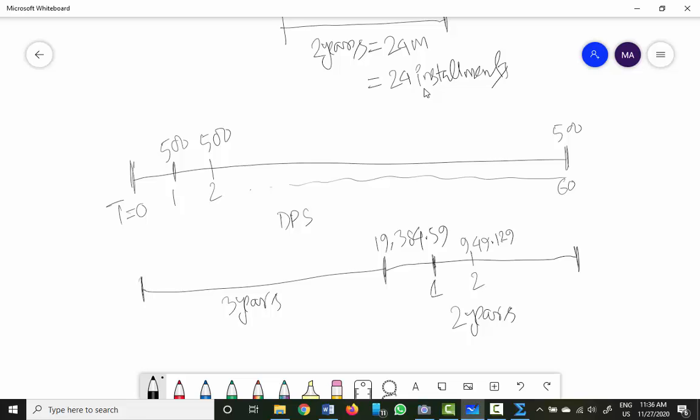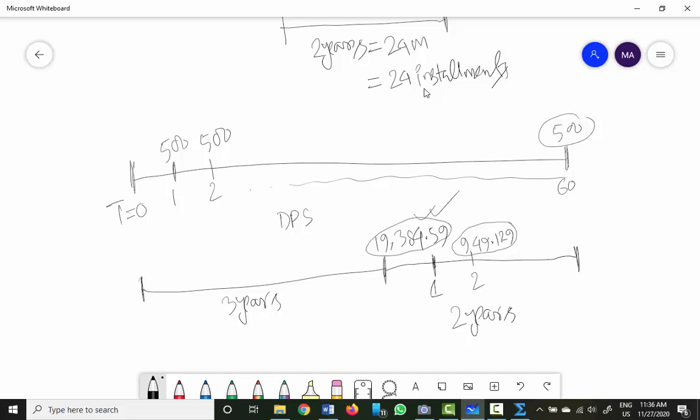So she also needs to continue paying 500 taka at the end of every month for the DPS account. But since after 3 years she has borrowed this amount, she also needs to pay 949 taka monthly installment to pay off the loan.